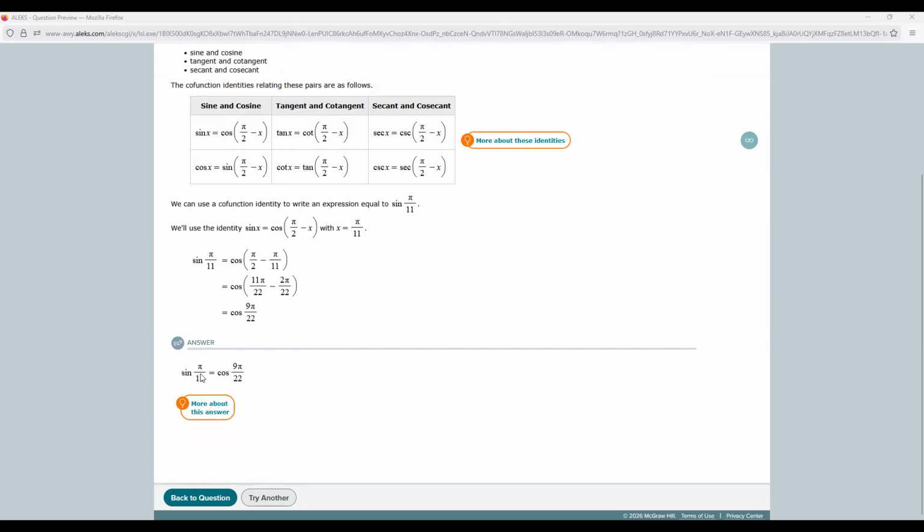So they prove that this is equal to that by the 9 pi over 22. See, there's not much to do. Just use the formula here and remember what x is. Plug it in. Subtract the fractions, LCD of 22, in case you forgot. Change the fractions, and then that's it. Let's move on.